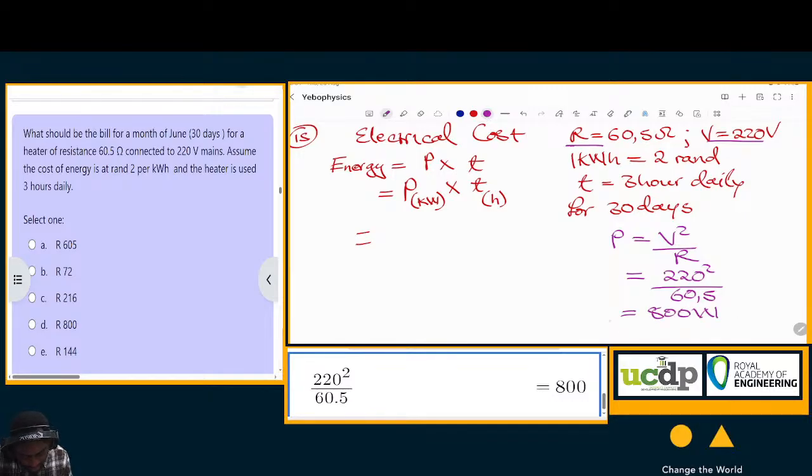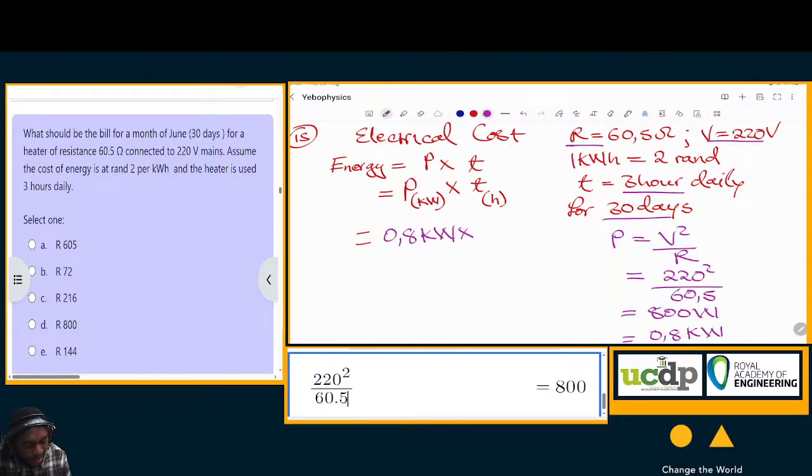But remember, we say the power should be in kilowatts, so we've divided by 1000, and that becomes 0.8 kilowatts, times the time, which is 3 hours, in hours, times 30 days.